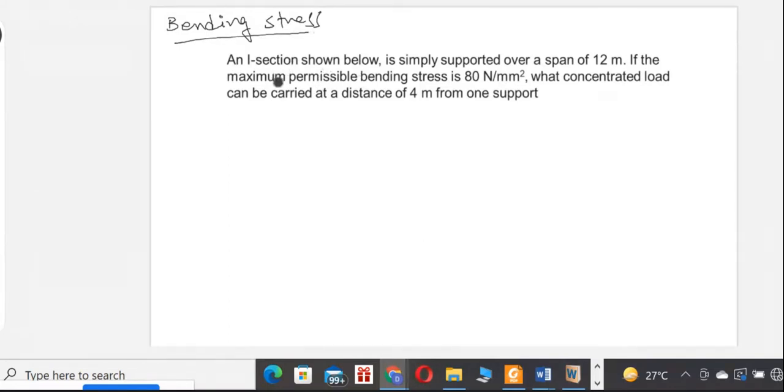So here an I section is shown. Please write down this question. A simply supported beam is fine. I have to draw this I section. I am drawing that, and you can first write the question and then draw the I section as I have drawn here.